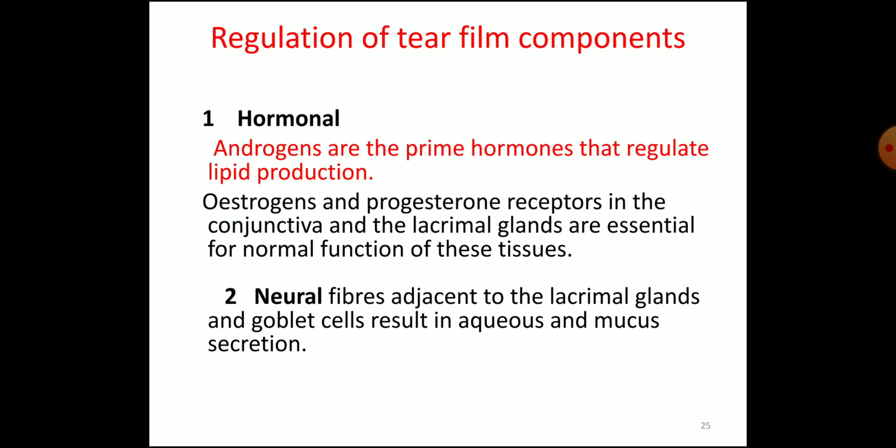Estrogen and progesterone receptors are present on the conjunctiva and the lacrimal glands, and they are essential for the normal function of this tissue. Then neural fibers adjacent to the lacrimal glands and goblet cells result in aqueous and mucus secretions. So there are nerve fibers near the lacrimal glands and the goblet cells which result in the aqueous and the mucus secretion.